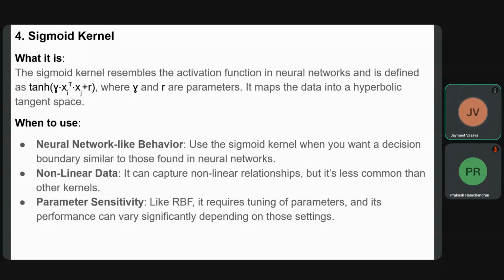So it resembles that and is defined by tanh of gamma times the dot product of xi and xj, plus r. So here the parameters are gamma and r, and it maps the data into hyperbolic tangent space.